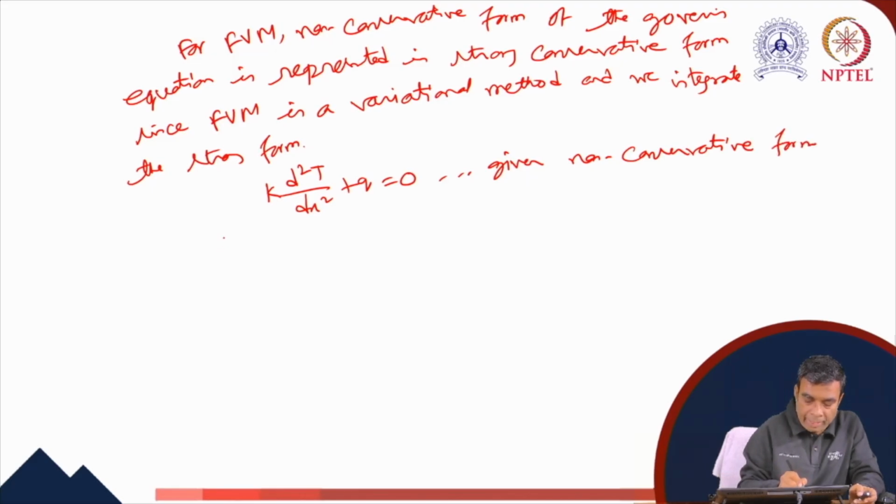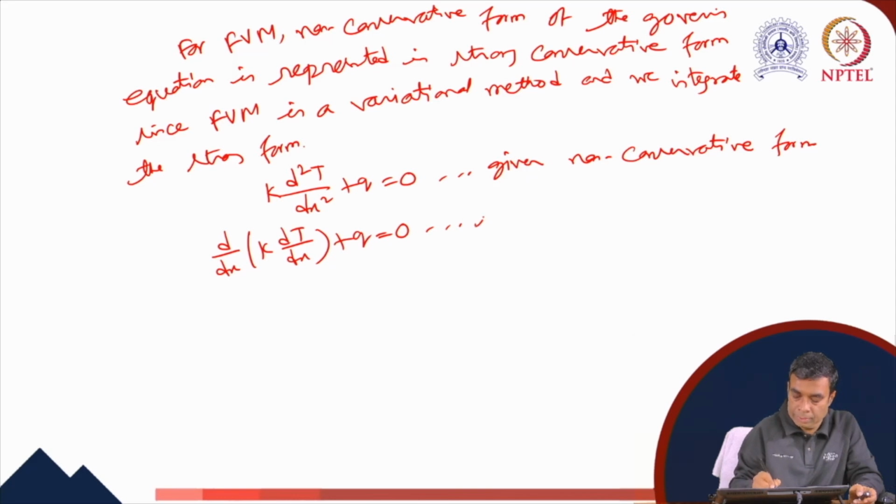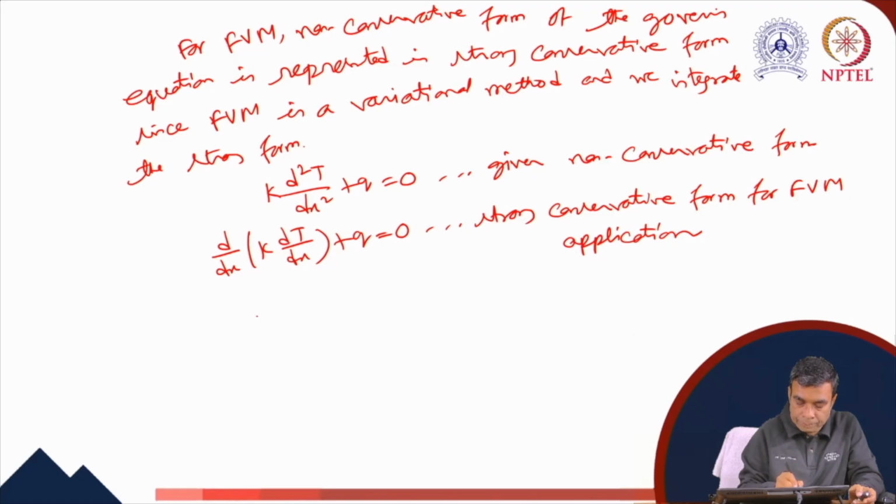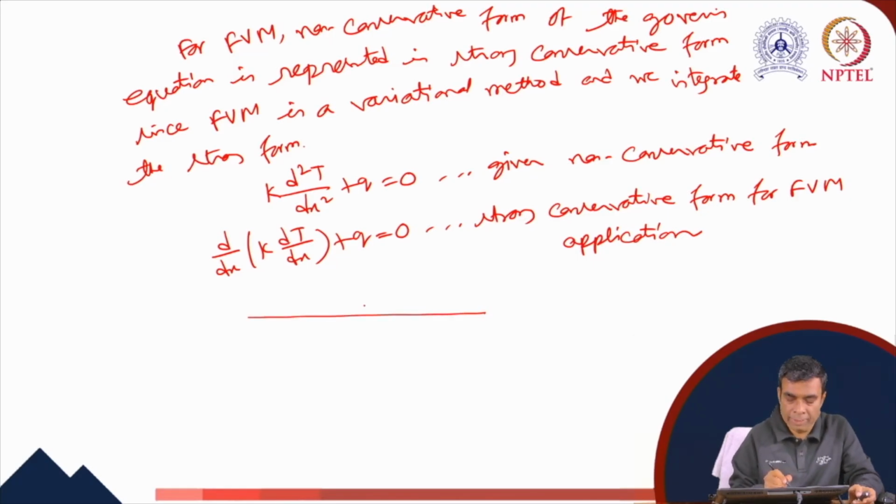We represent it as d/dx of (k dT/dx) plus q equals to 0, the strong conservative form for FVM application. Now, this is the domain over which the governing equation is valid.